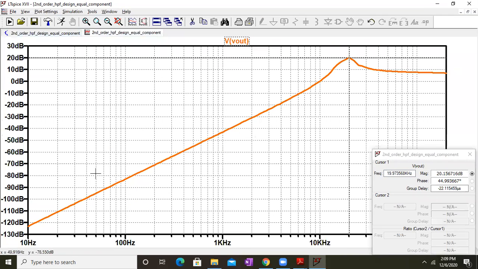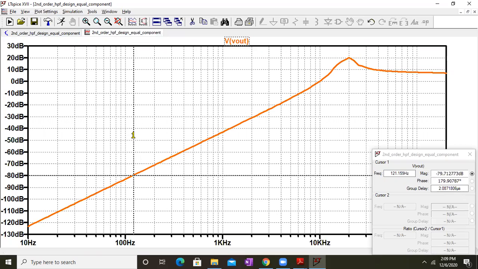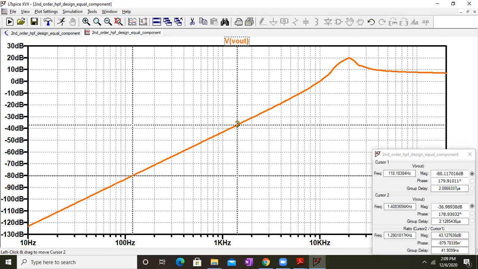And also let's check the roll off rate, which will be 40 dB per decade. Let us check that value over here, at 80 dB. How much is the roll off rate? So this is around minus 80 dB, and let's check at minus 40 dB now.